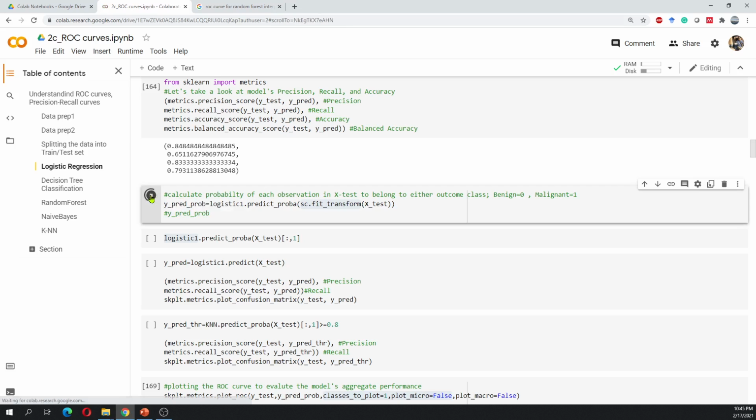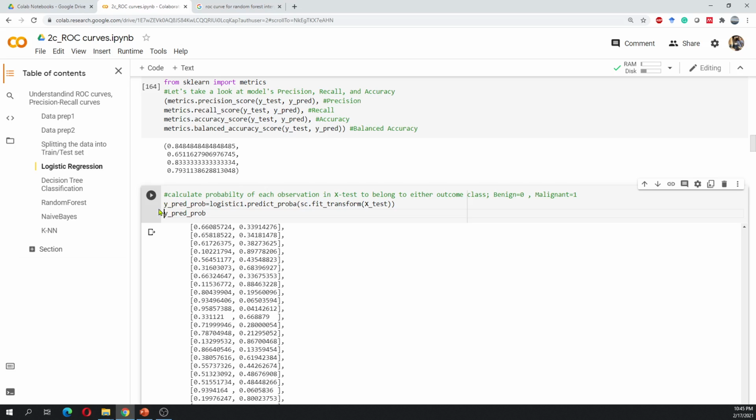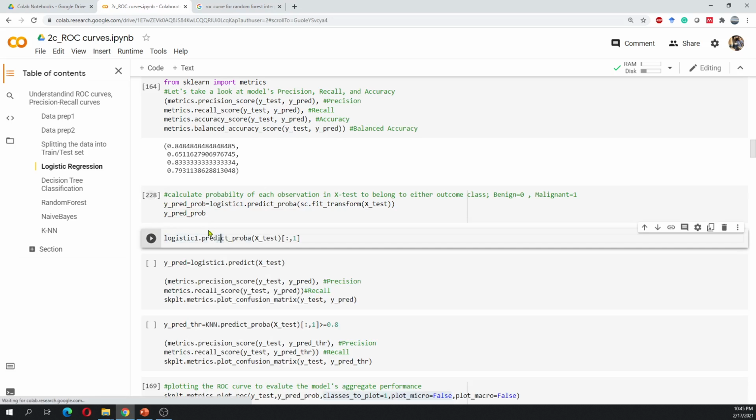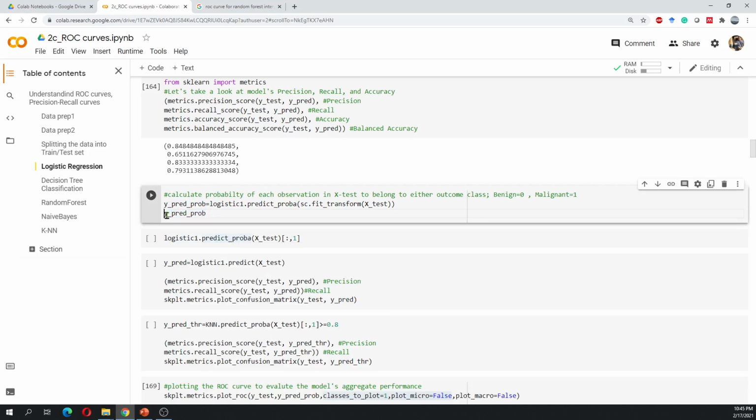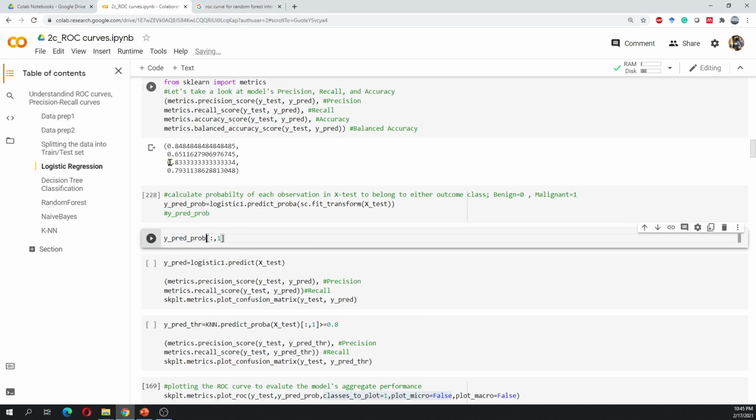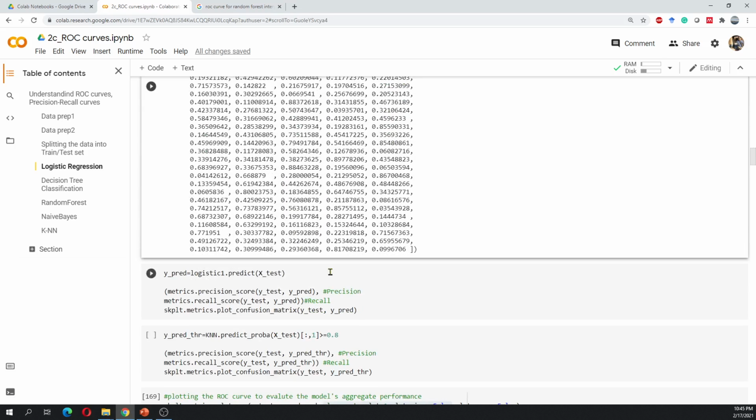Okay, let's run this again, and let's take a look at these probabilities. Let me just take the probabilities for the 1 class, and let's just look at these. Okay, so these are all the values.